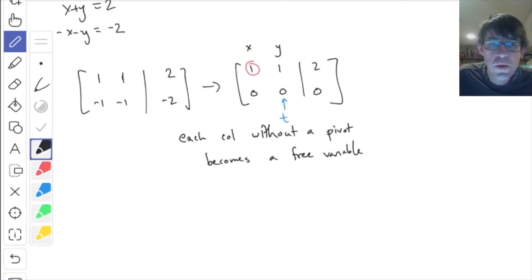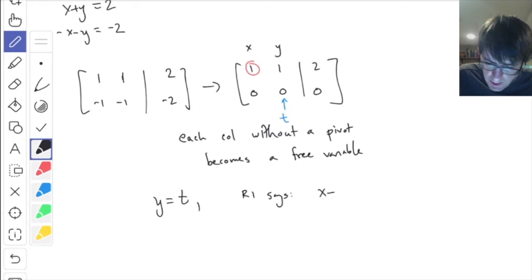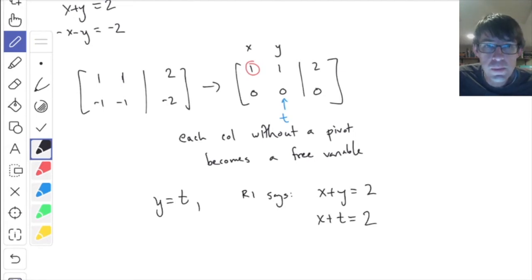And so the fact that that second column is my parameter t means I'm going to say y equals t. And then I write out the first row. So row 1 says x plus y equals 2. But if you write that in terms of the parameter, that says x plus t equals 2. And I can solve this for x in terms of that parameter. X is 2 minus t.